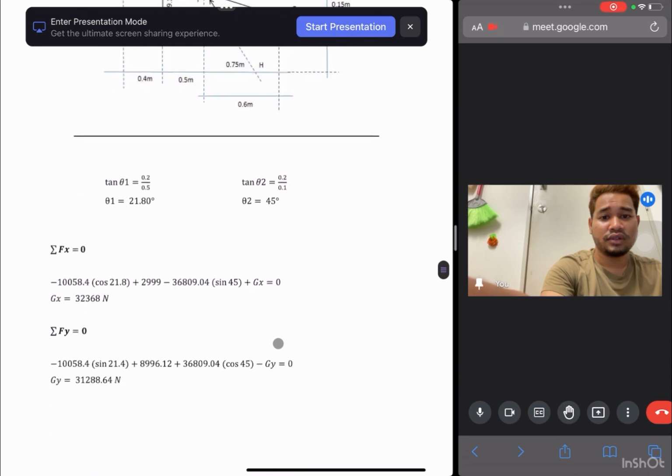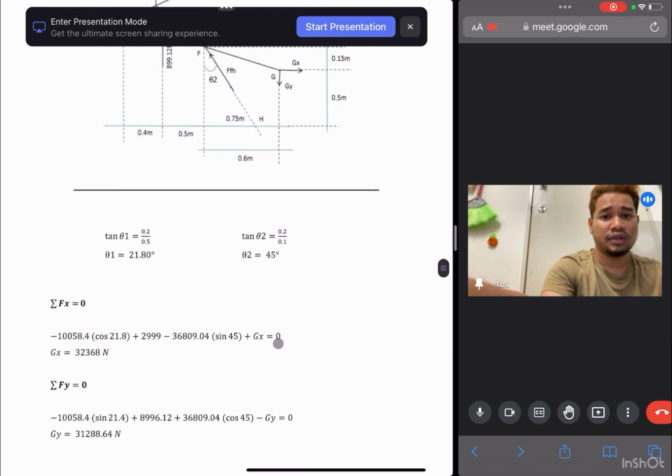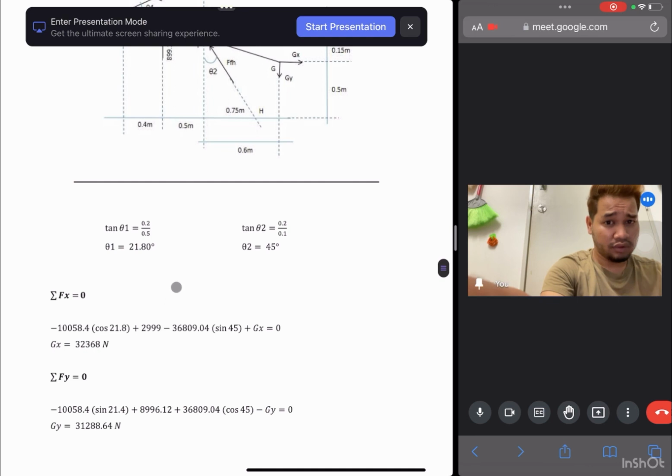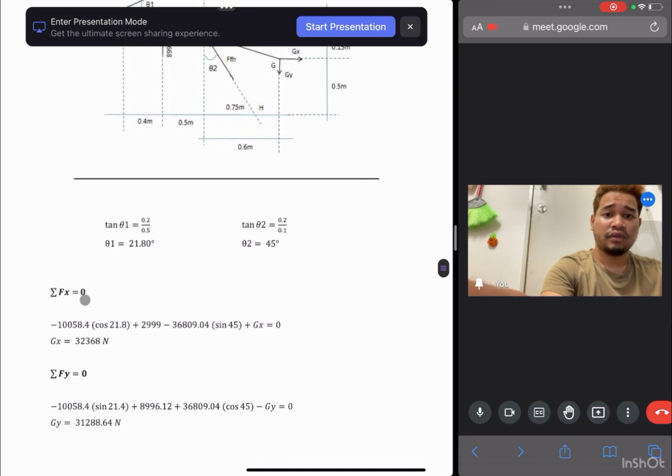So we use equation of equilibrium. So total Fx equals to 0.